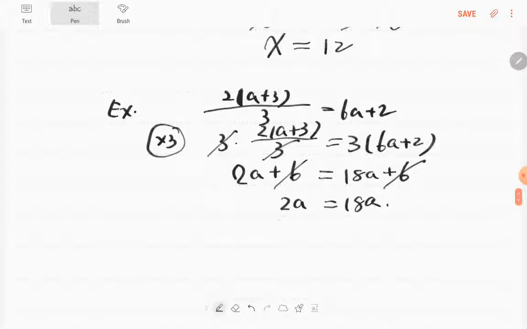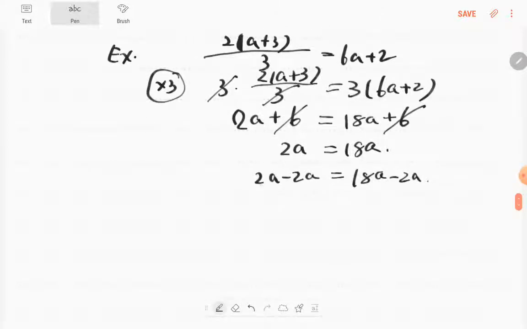Then you can minus 2a for each side. Right? After that, you will get, then you will realize a is equal to 0.